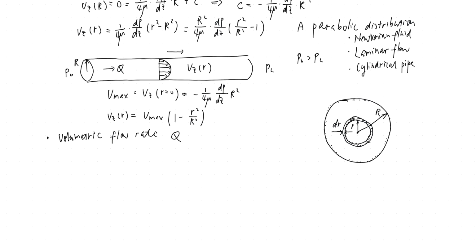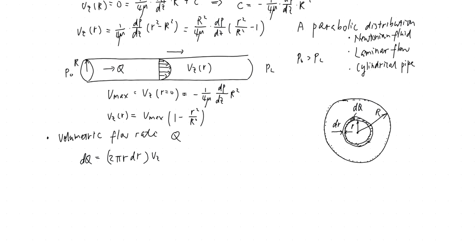So for this small element, let's call the volumetric flow through this ring dq. Now dq equals area multiplied by velocity. The area of this ring is 2π r dr, and the velocity is vz.